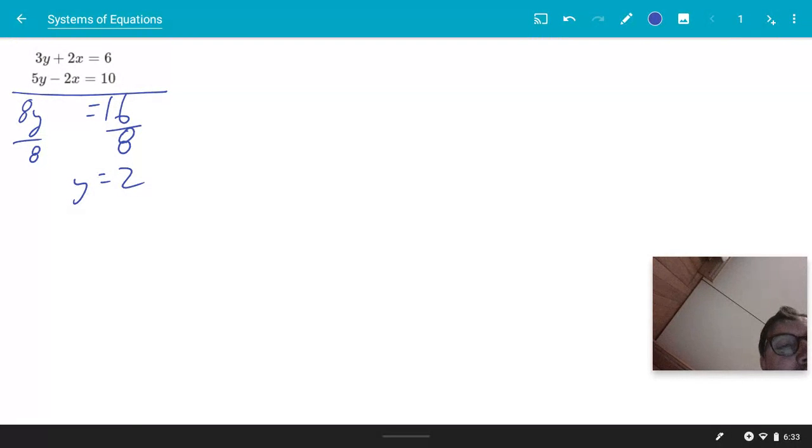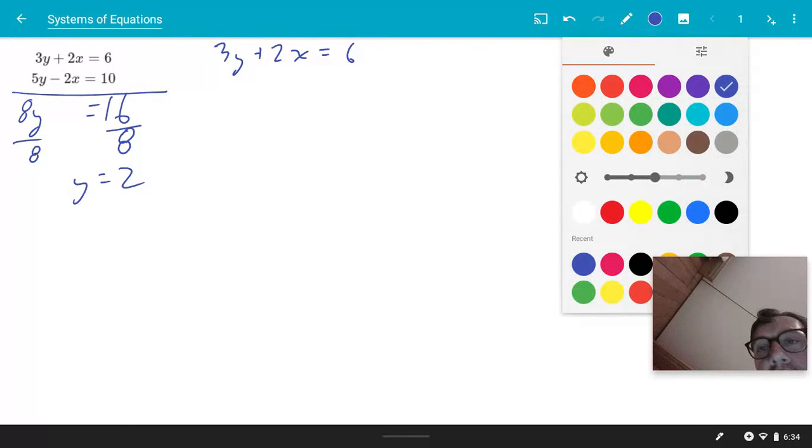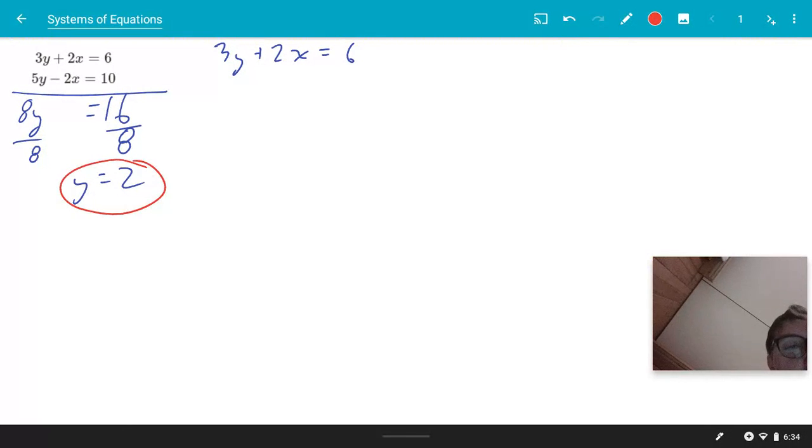The way to find x is to plug that back in and solve for the other variable in either equation. It doesn't actually matter which one. I'm going to use the first one, but again, it doesn't matter which one it would be. So if I take y equals 2 and plug it back in right there, then you can see that we have 3 times 2 plus 2x equals 6.